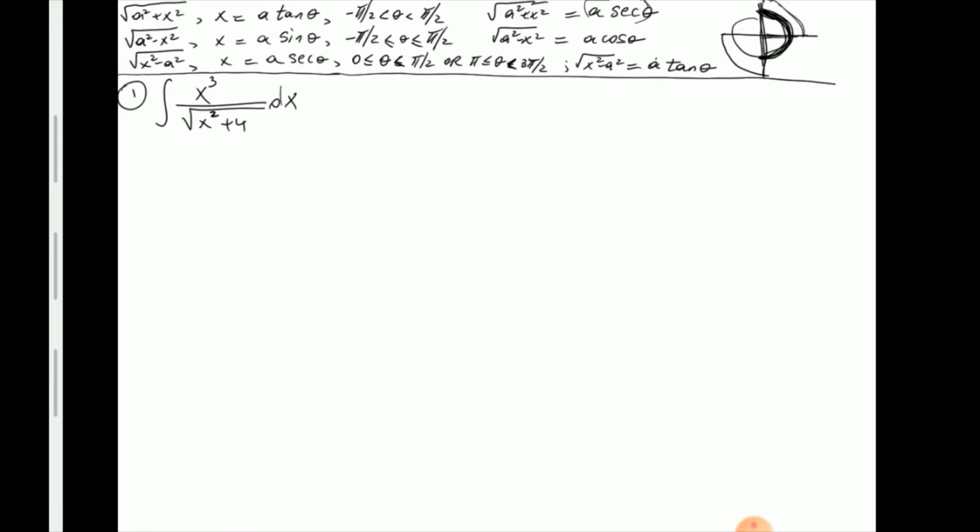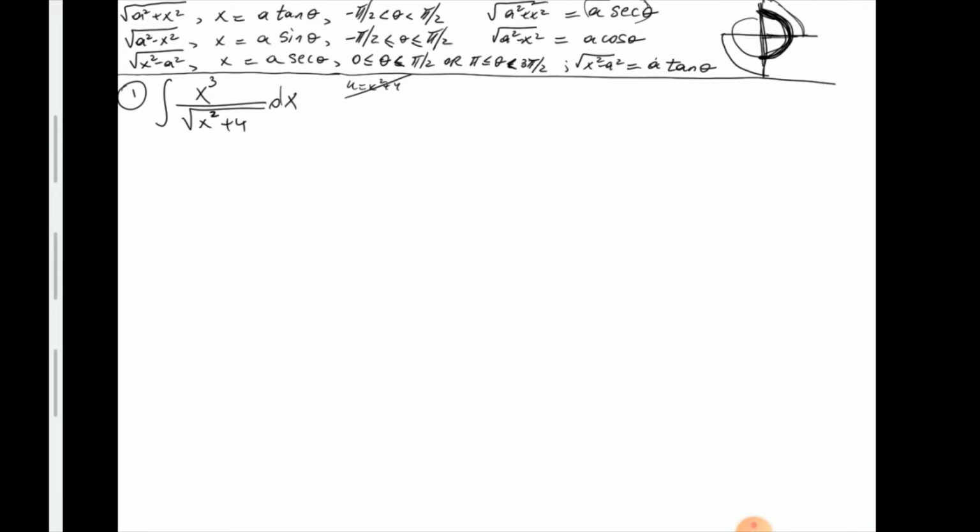There is no obvious u substitution that you can perform because you don't see a composition of a function and its derivative. So for example, if you think about replacing u with x squared plus 4, that's not going to work because du is going to be 2x dx, but you have x cubed, unfortunately, instead of just x dx. So in this case, you may think about a trigonometric substitution.